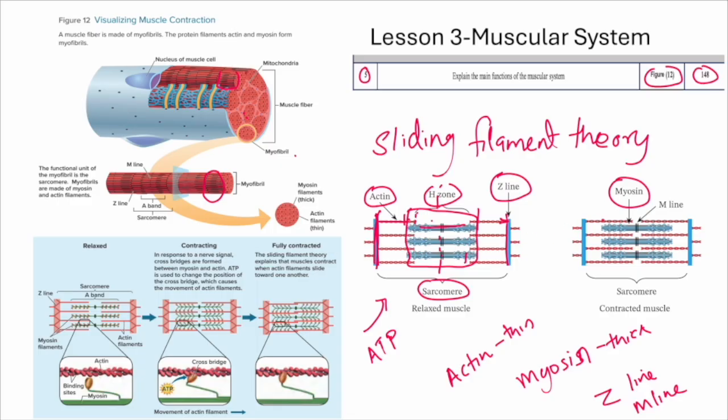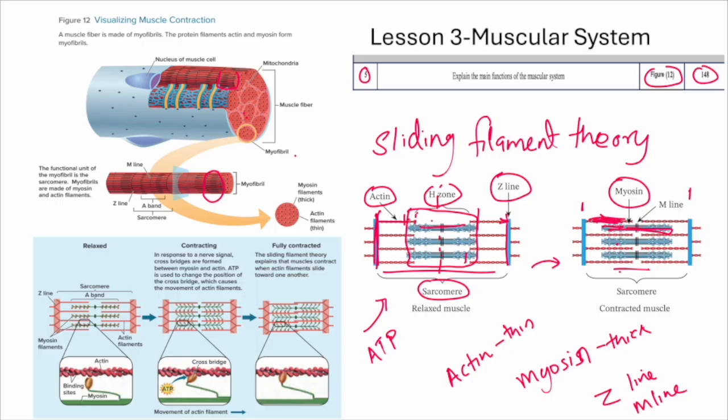So these actin filaments slide past on top of the myosin filament, and this sarcomere becomes short, right? This is long and this is short. The muscle is contracting by sliding past on top of the other filament. So actin is sliding, the myosin is just standing there, and the actin is sliding past.